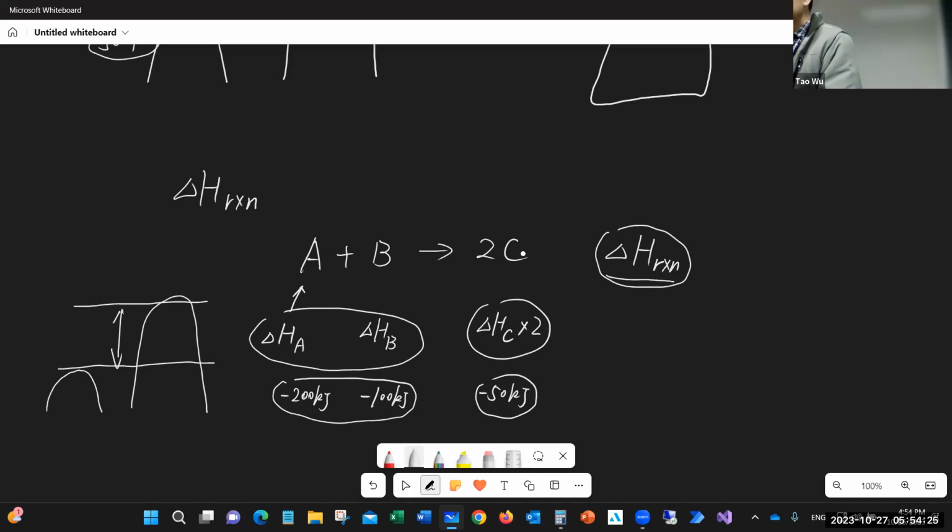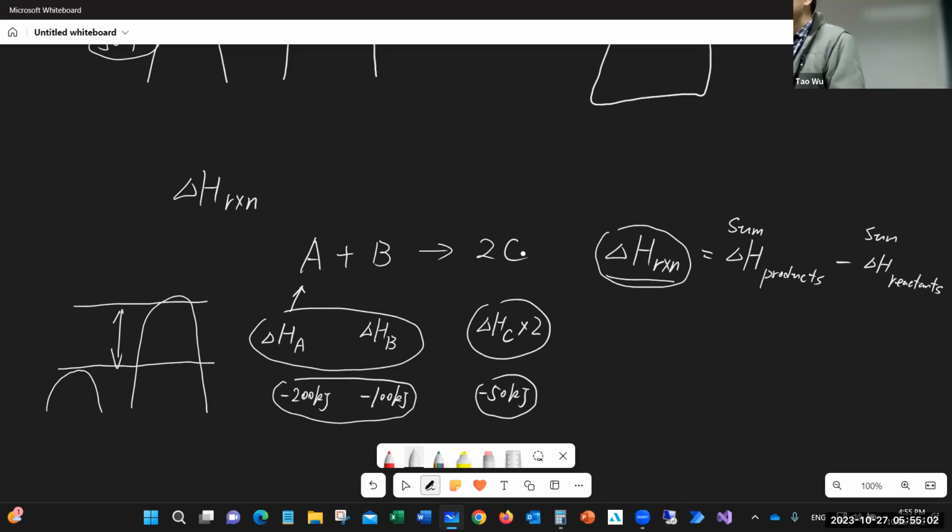So that's why the delta H of this reaction is usually what we talk about. That's going to be the sum of the enthalpy change of the products, subtract the sum of the enthalpy change of the reactants.